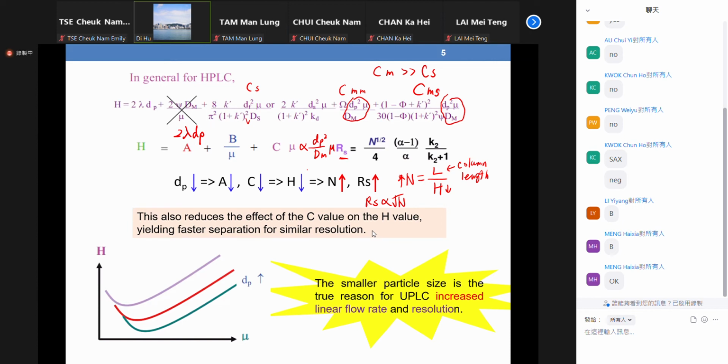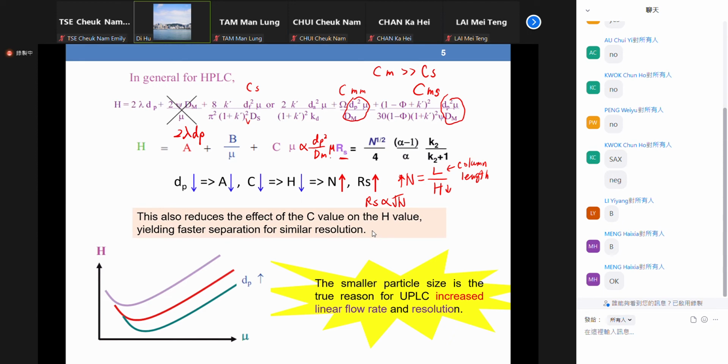That makes us able to run the separation at faster speed with similar resolution. So that's the true reason why the smaller the particle size, the UPLC has increased linear flow rate and also increased resolution.